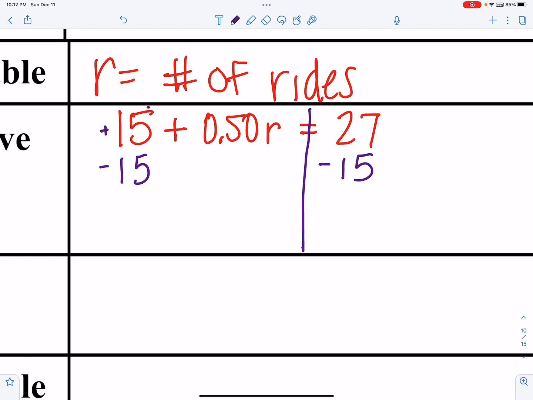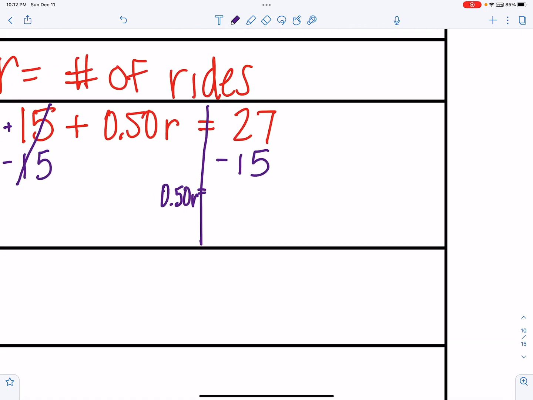When we do that, we create a zero pair, and we're left with 50 cents R equals 27 minus 15, which equals 12.